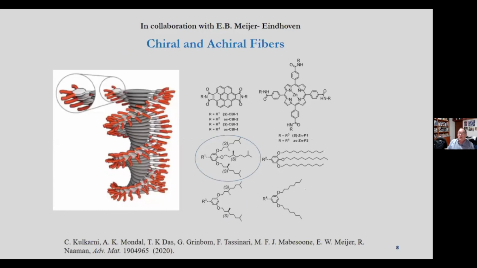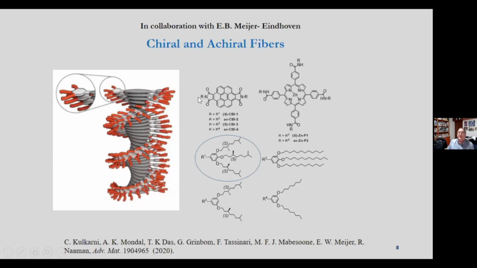Now, in order to check what other properties of the molecule affect the polarization, we joined forces with the group of Bert Meijer from Eindhoven. And Bert is an expert in making supramolecular structures made from this type of molecules, porphyrins and so on. What is interesting here is that the main molecule is not chiral, but by putting side groups that are chiral, he is able to induce formation of wires that are chiral.